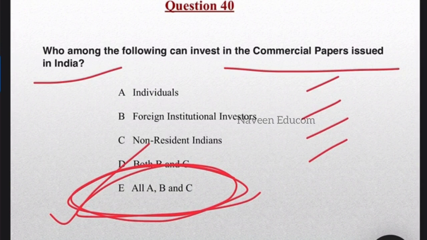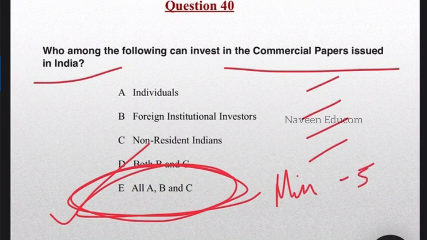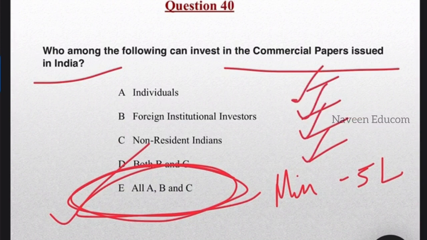The commercial papers are unsecured money market instruments issued by corporates, primary dealers, all India financial institutions, etc. The minimum denomination of CPs, that is the commercial paper, should be rupees 5 lakhs and its multiples thereof. Individuals, banking companies, other corporate bodies, NRIs, and foreign institutional investors can invest in this CP.